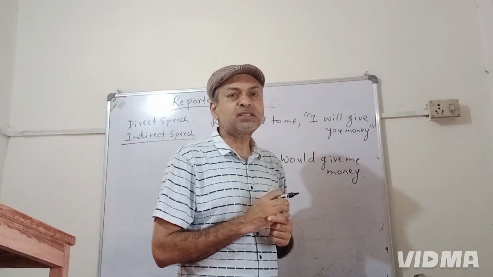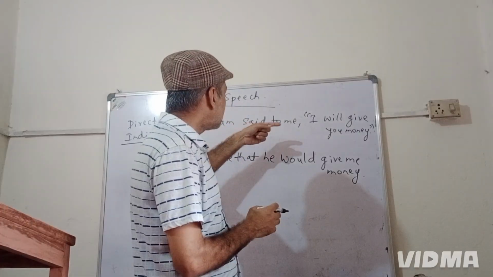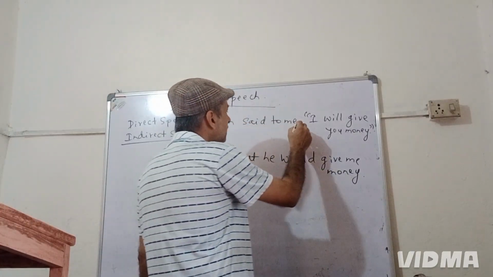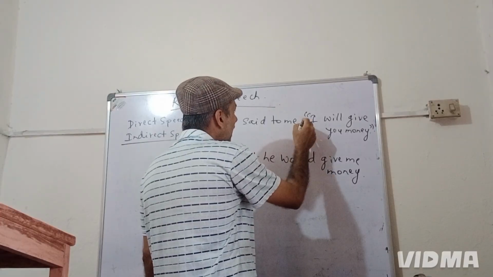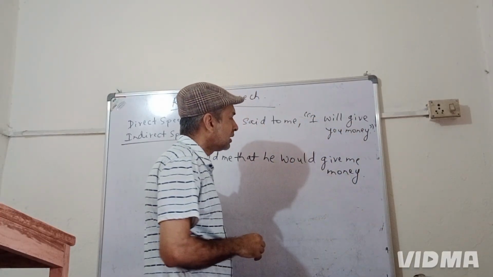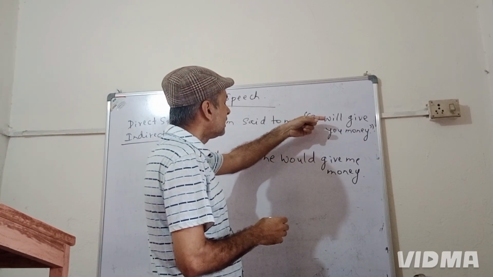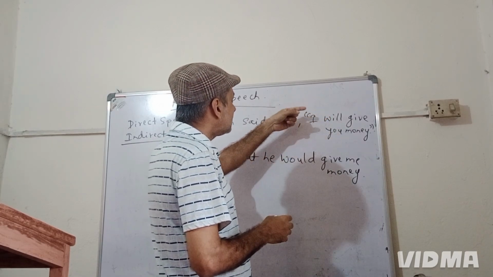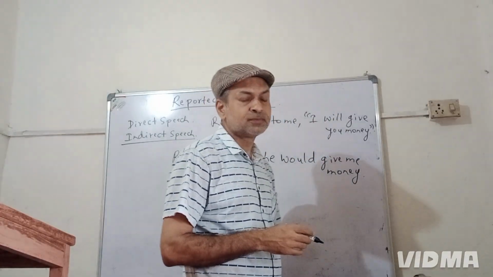Now, dear students, the first thing you are going to change in the process is the punctuation mark. As you can see, there is a comma and inverted commas in the direct speech. The quoting of whatever Ram said is written inside a comma and inverted commas.